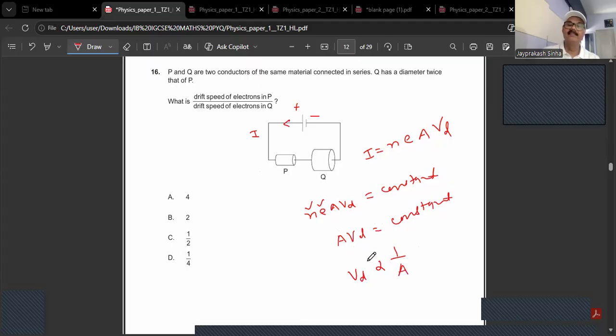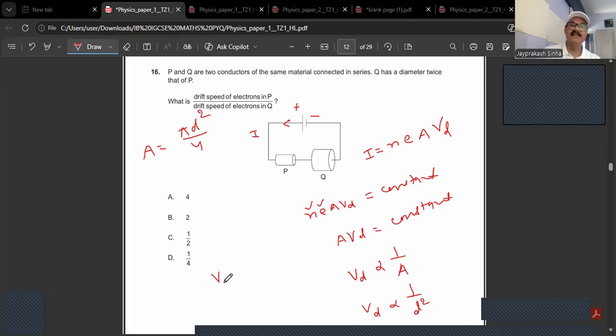And what is the area of a circular conductor? Area of cross section A is equal to pi d square by 4. So v_d, the drift velocity, is proportional to 1 upon d square. Here d is used for the diameter, this is the d square.